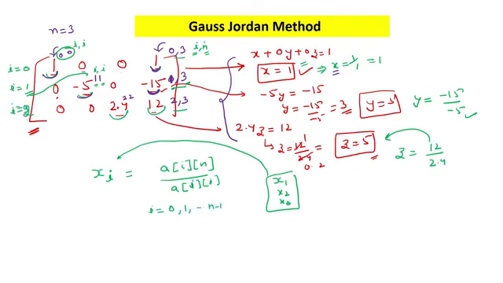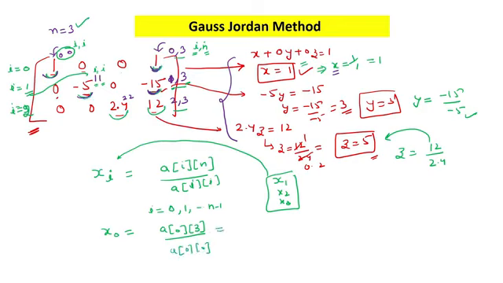Here actually it was I equal to 2. So for I equal to 0, it will be a 0, 3 because I am taking the case of n equal to 3, and it will be a 0, 0.